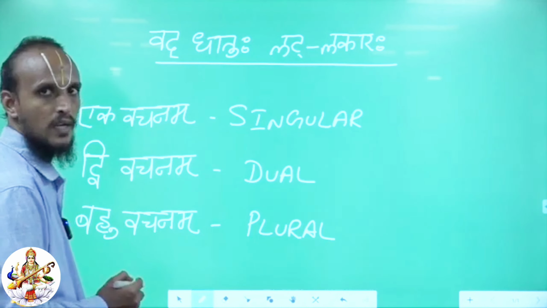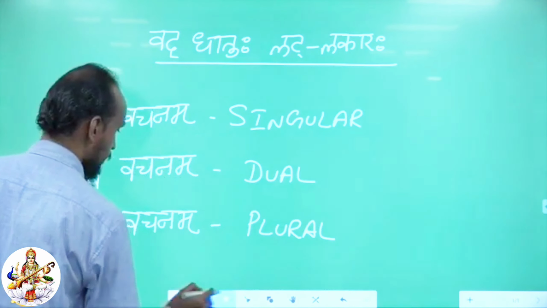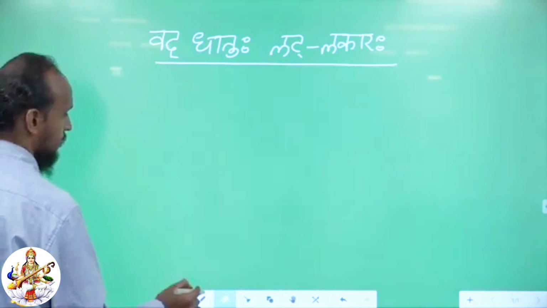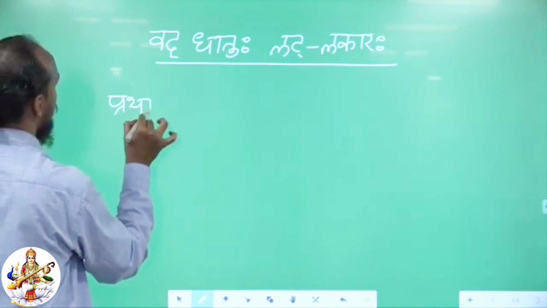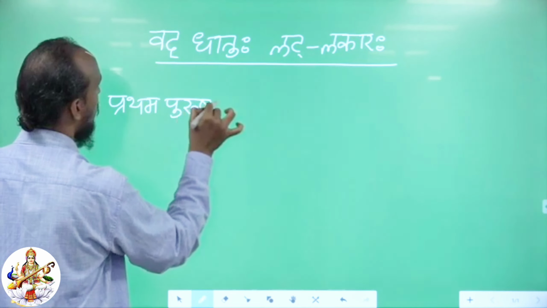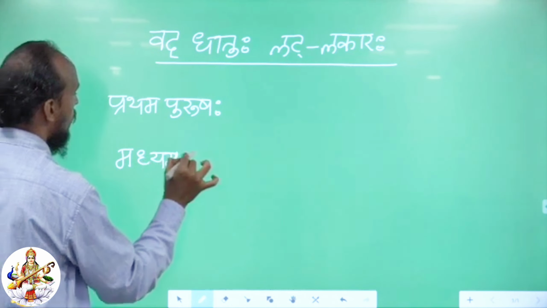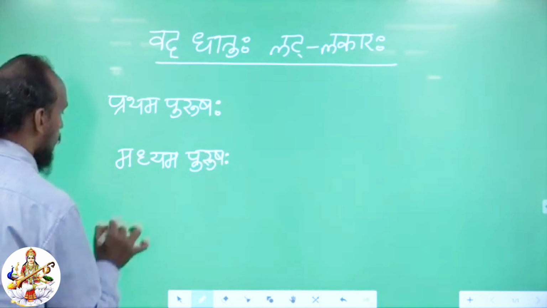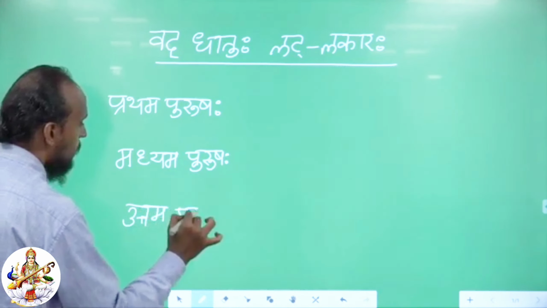Now, children, I will write 3 persons. See here. Prathama Purushaha, Madhyama Purushaha, Uttama Purushaha.